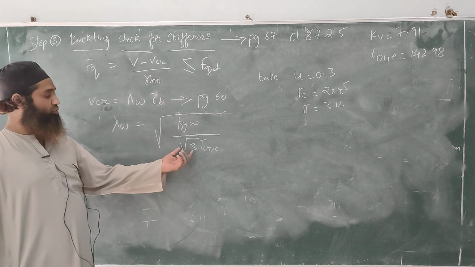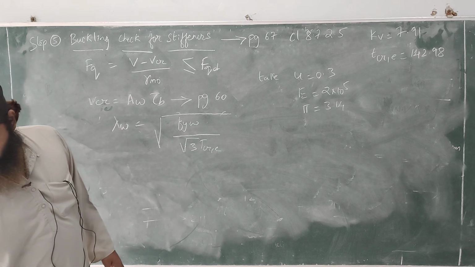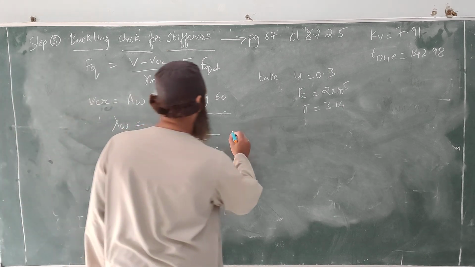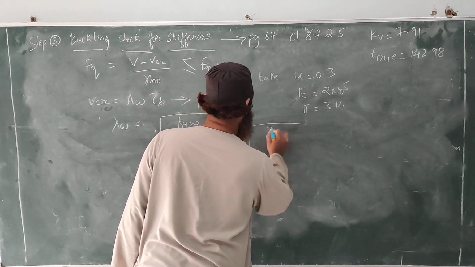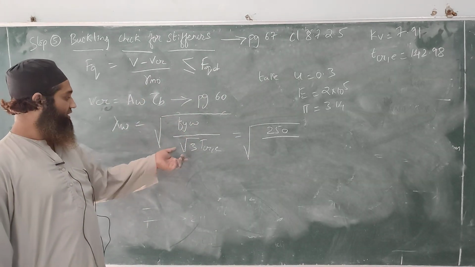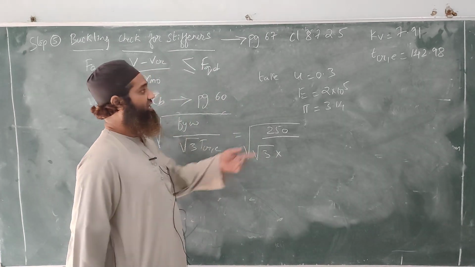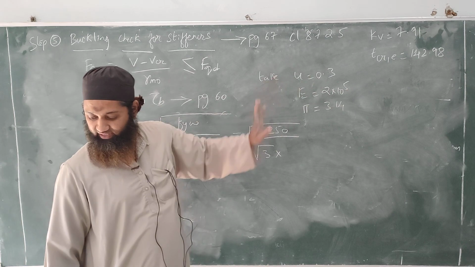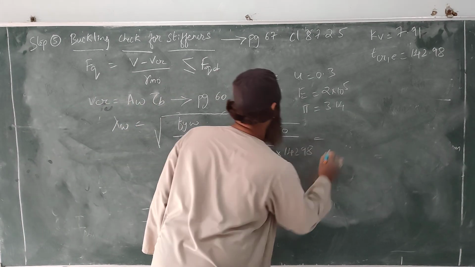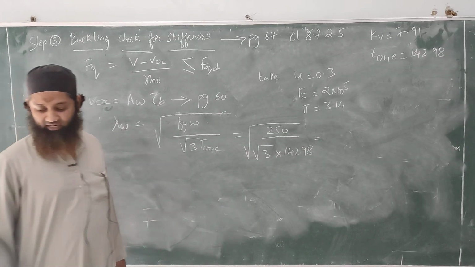Don't get confused here: root 3 is only under the root, tau CRE doesn't come under the root. FYW, the yield stress of the web, is 250. I'll just substitute these values here. So it will be root of 250 by root 3 into tau CRE, which is 142.98. After calculation I'm getting that value as 1.